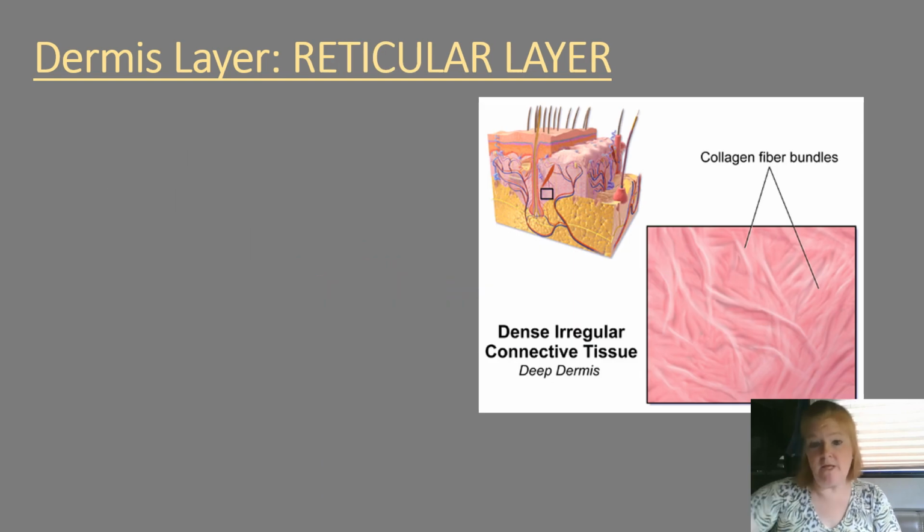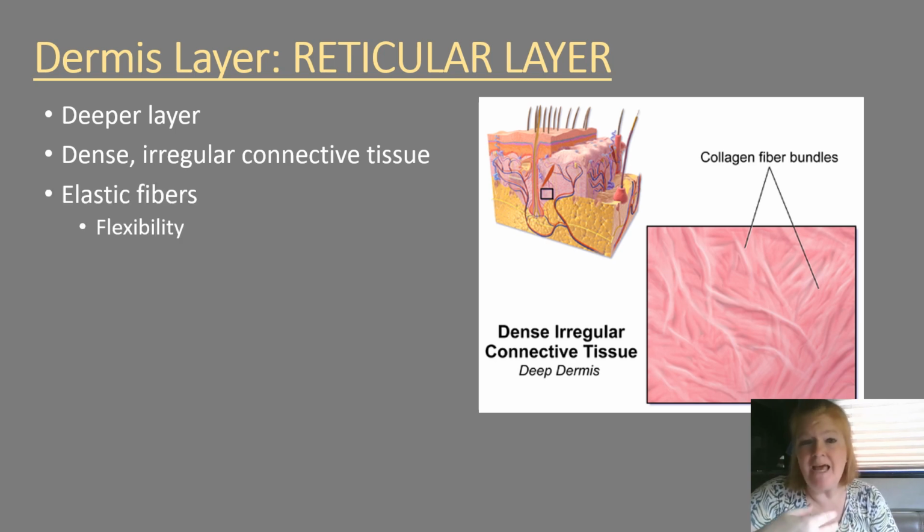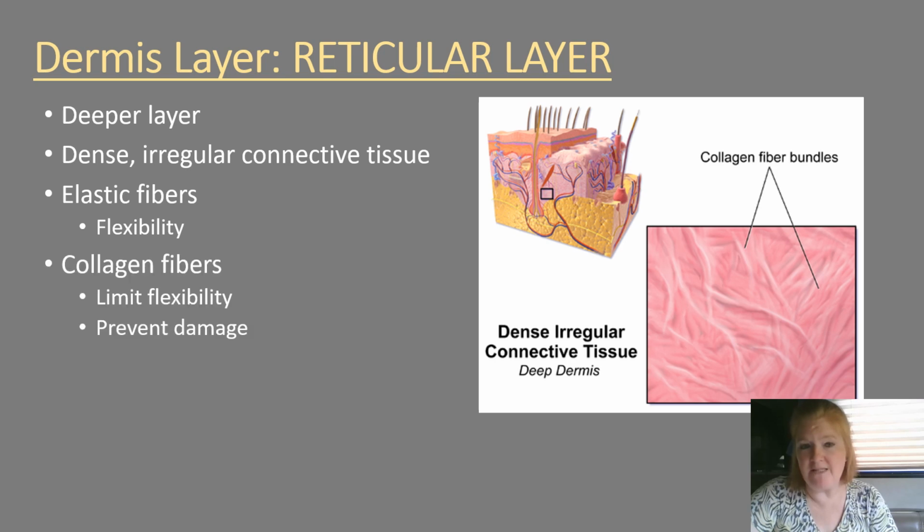Now the reticular layer, that's the deeper layer. So papillary, more superficial, then reticular layer is more deep. This has dense irregular connective tissue. So this is dense connective tissue, but the irregular kind. It's not a tendon, it's not a ligament. It's a lot of collagen and a lot of elastic fibers for flexibility. So the collagen fibers, they limit flexibility, but prevent damage.